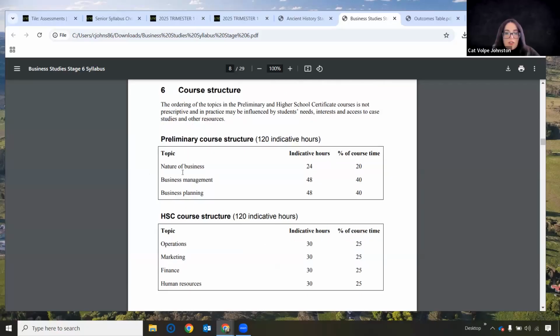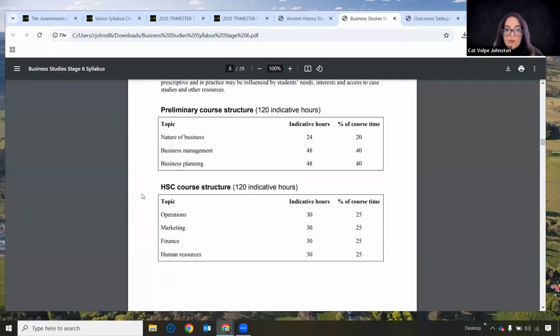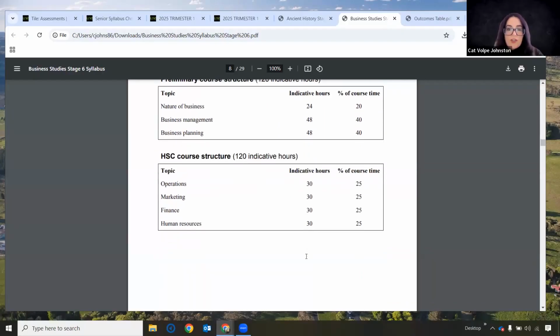So in year 11, students are looking at the nature of business, business management, business planning. And in year 12, students are looking at operations, marketing, finance, human resources. And similar to other syllabuses, it shows you how many hours are dedicated to each course.